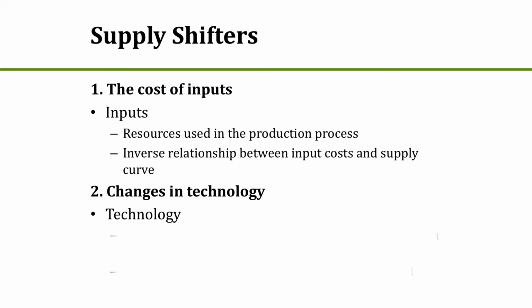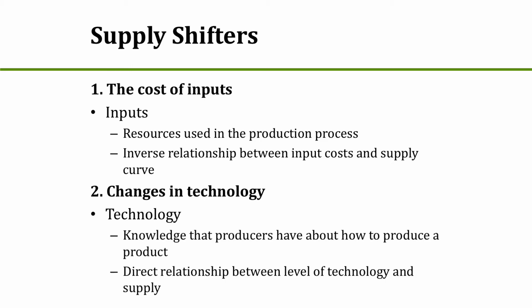Changes in the technology. Technology, as you know, helps the production process to be efficient. An efficient production process is actually decreasing your cost. So here the technology is related to the cost of the production process.